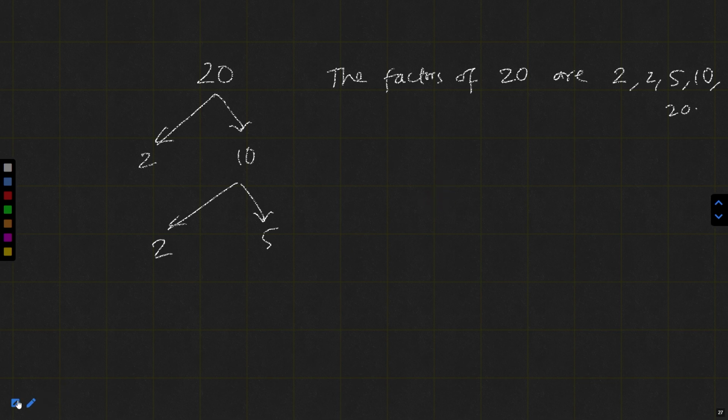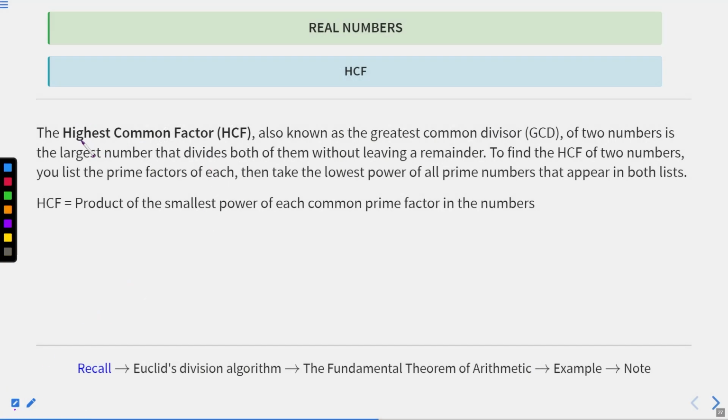For the highest common factor, as the name suggests, we need to take the highest common factor of two numbers. The highest common factor is also known as the greatest common divisor or GCD of two numbers, and it is the largest number that divides both of them without leaving a remainder.